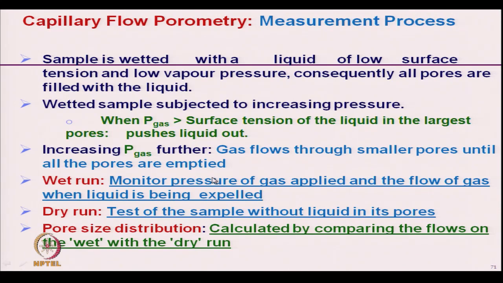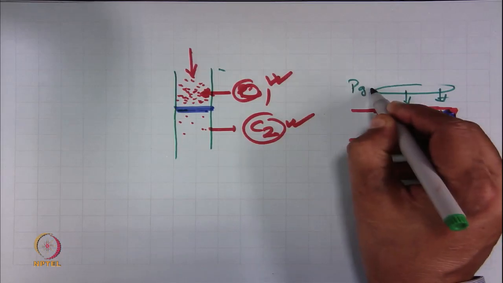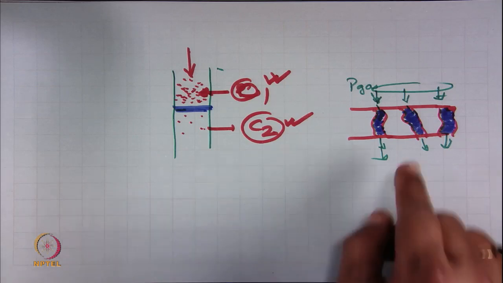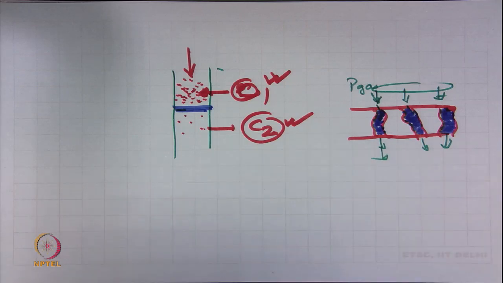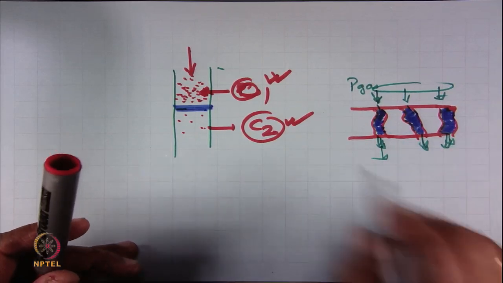So, here what happened, initially at the initial stage of P gas, from the larger pores the liquid will flow out.